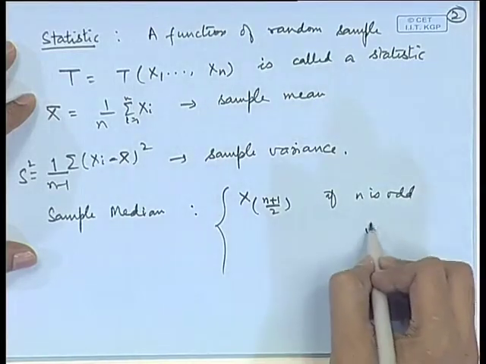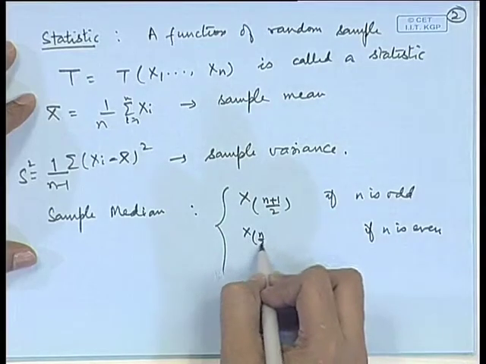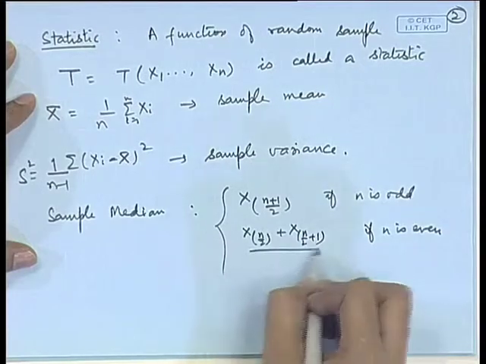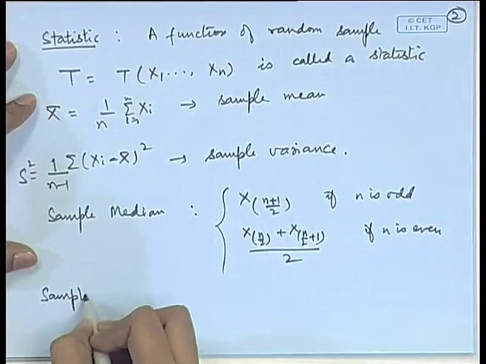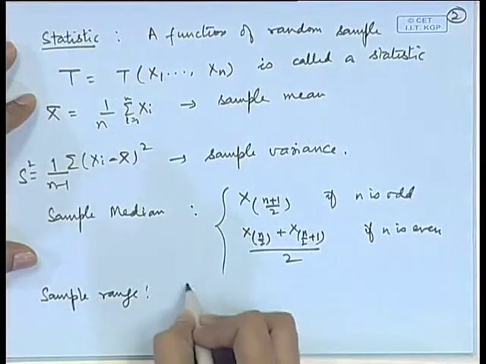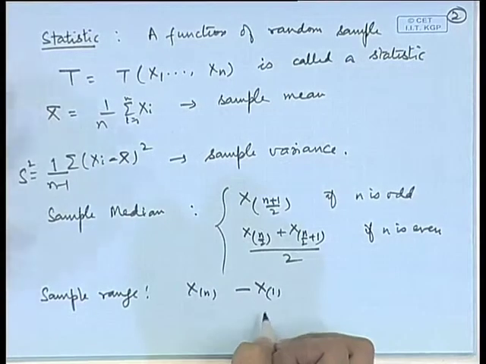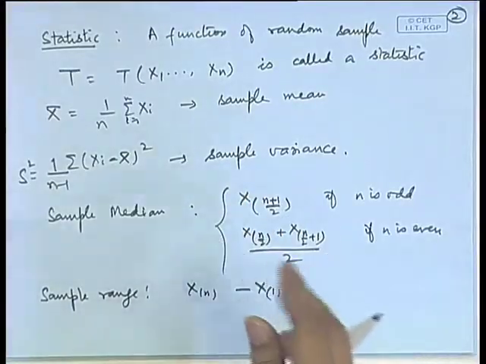If n is even, then we may take the mean of the middle two, that is X of n by 2 plus X of (n by 2 plus 1), divided by 2. We may consider the sample range, that is the difference between the largest and the smallest. These are examples of certain statistics, and when we are dealing with a sample, we are interested in these characteristics, and therefore we will be interested in their distributions.